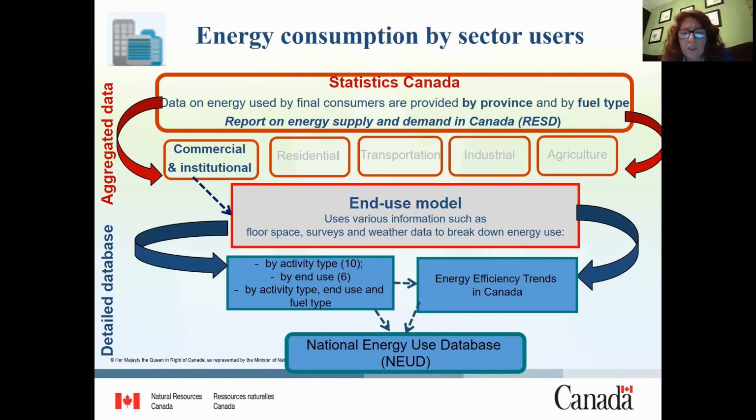So we publish the energy efficiency trends digitally online. You can check the Natural Resources Canada website. And also very detailed data is published online. It's the National Energy Use Database, which shows our results on energy use for all sectors.